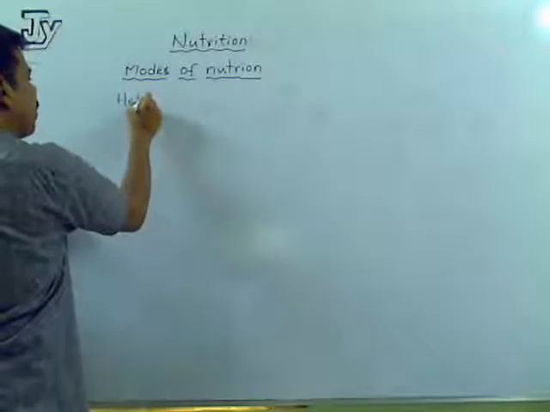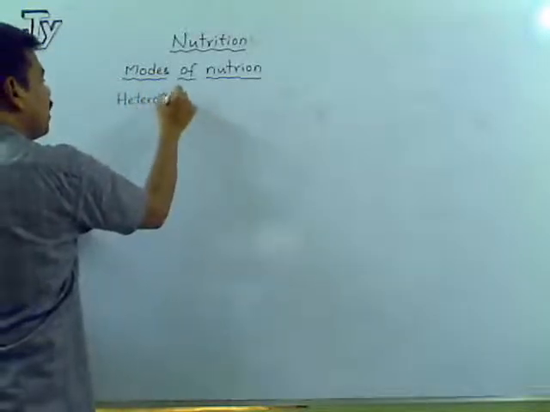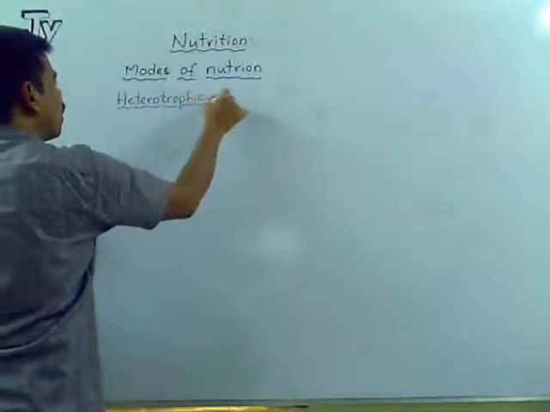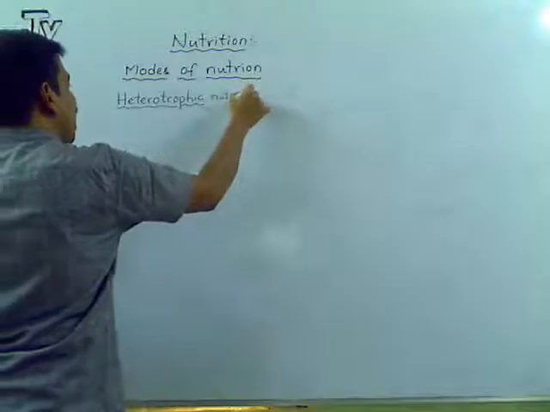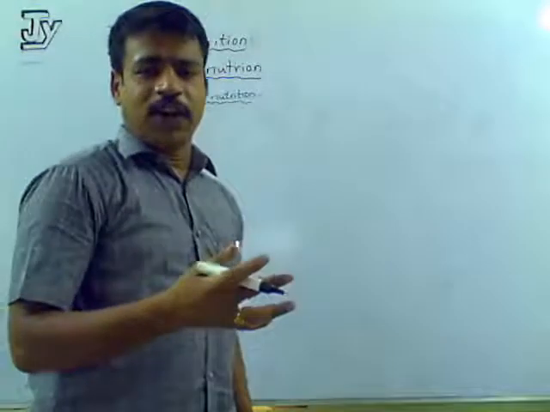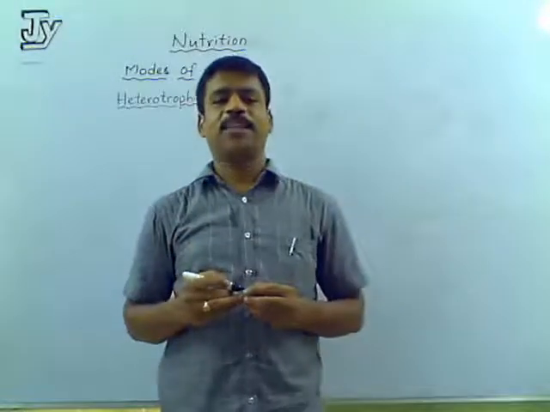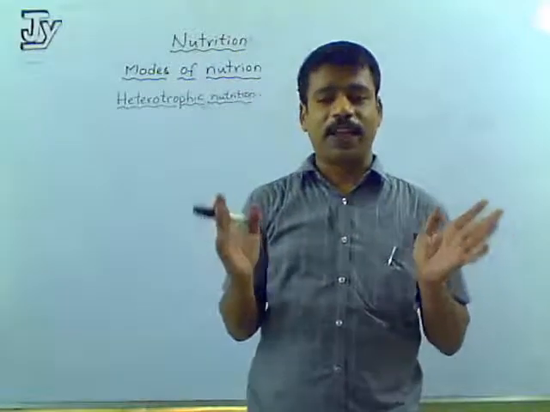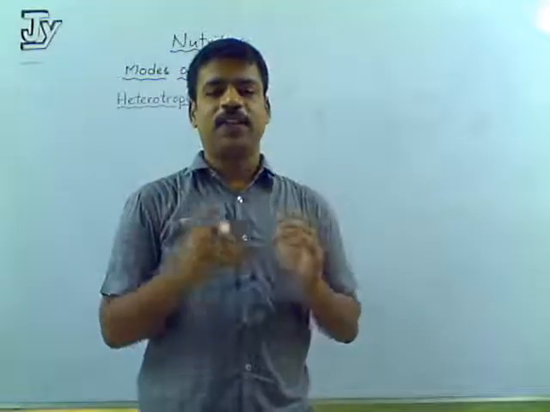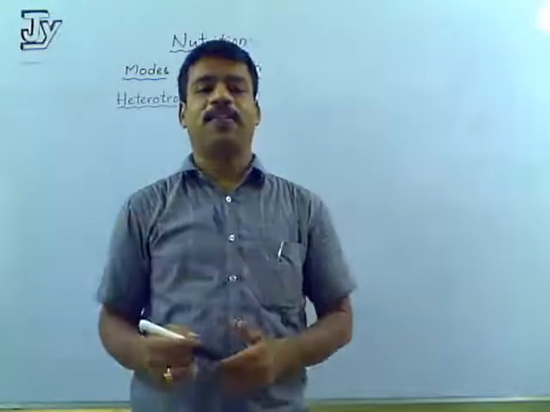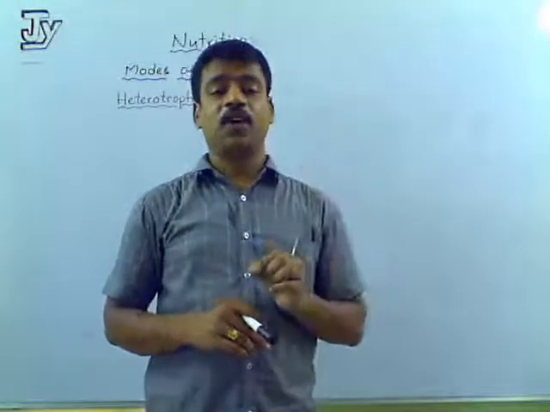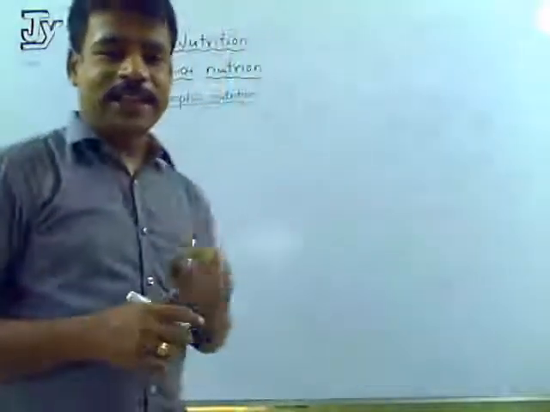Heterotrophic nutrition is one type of nutrition seen in all animals, because an animal may not prepare its own food like green plants. Any organism except green plants may not prepare its own food. So all animals depend for their food on other animals or plants.